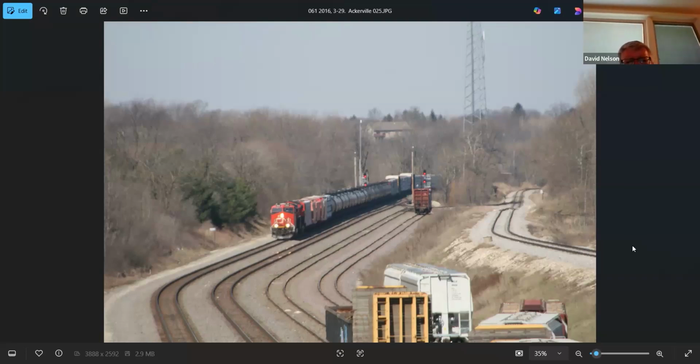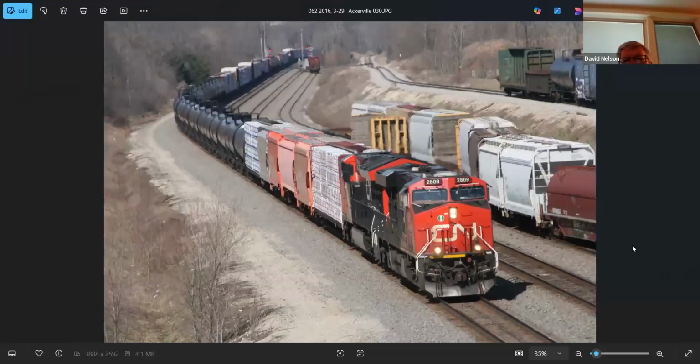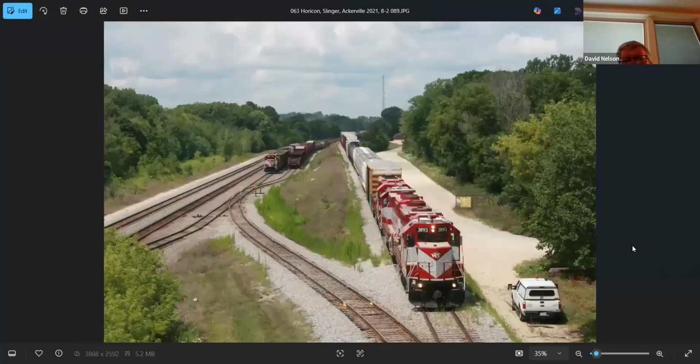This is just a routine Canadian National train. It's not dropping off any cars for the interchange with Wisconsin and Southern, but Canadian National trains do that. Now, here is a train that has come to Ackerville from Horicon, Wisconsin.